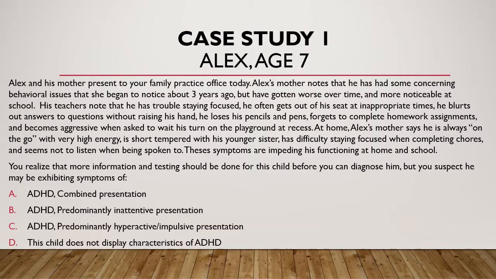You realize that more information and testing should be done for this child before you can diagnose him, but you suspect he may be exhibiting symptoms of ADHD combined presentation, ADHD predominantly inattentive presentation, ADHD predominantly hyperactive or impulsive presentation, or this child does not display characteristics of ADHD. I'll give you a moment to think about this.